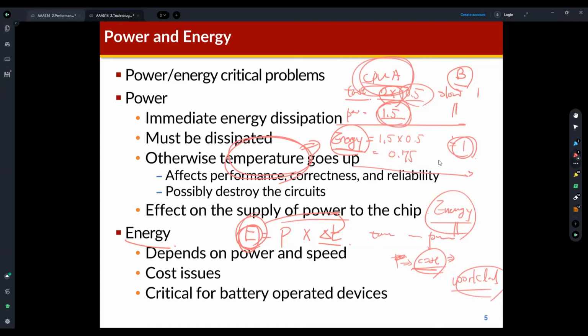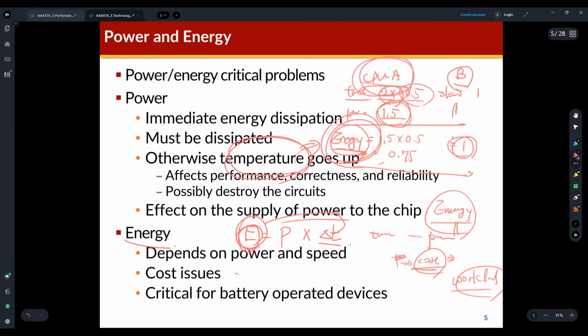So if we just consider the running cost for executing the same workload, then we need to focus on the energy. Okay. So energy is the power multiplied by execution time, and this is related to the running cost issue.